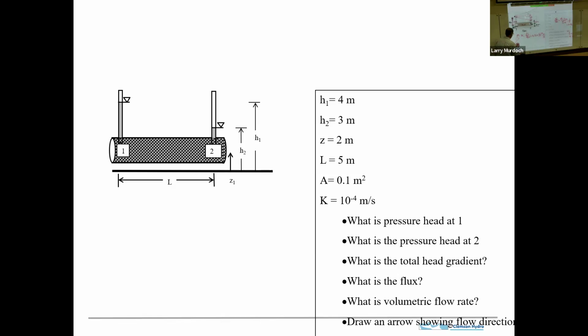And the volumetric flow rate, that's going to be q times the area. So that's going to be 0.2 times 10⁻⁴ meters per second times 0.1 meters squared.